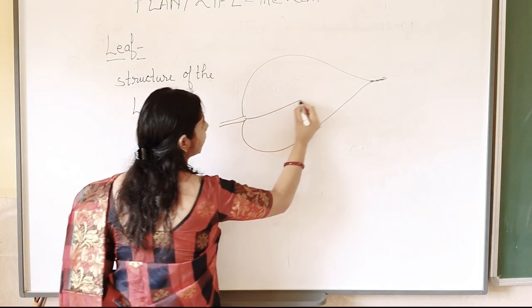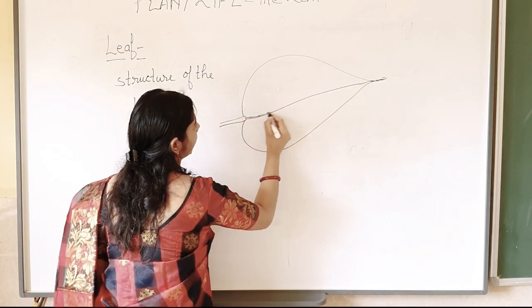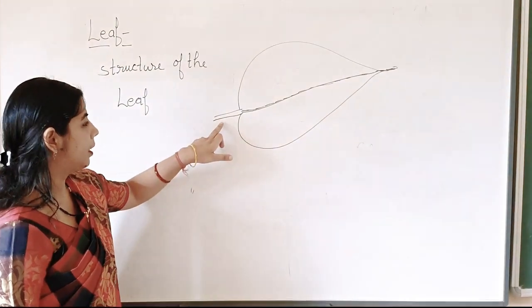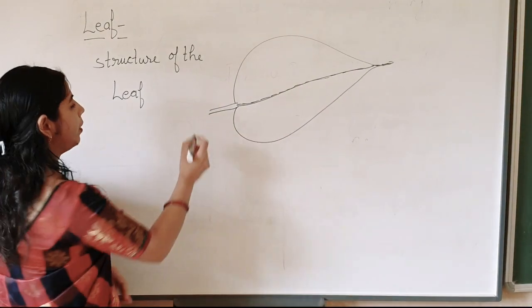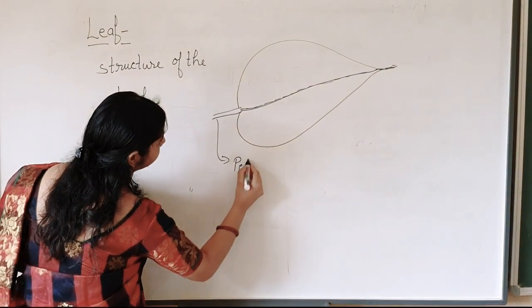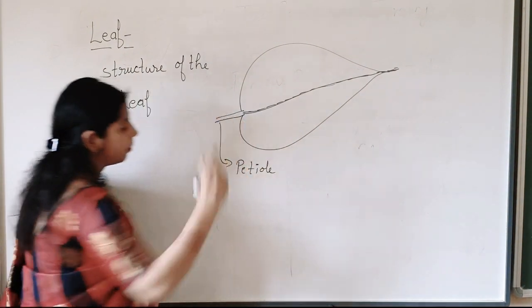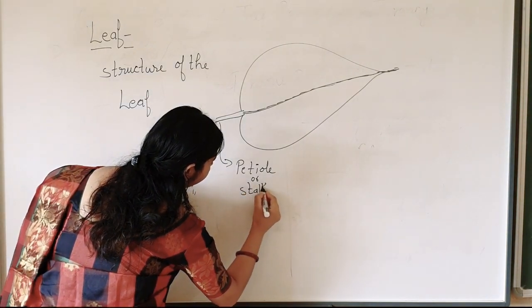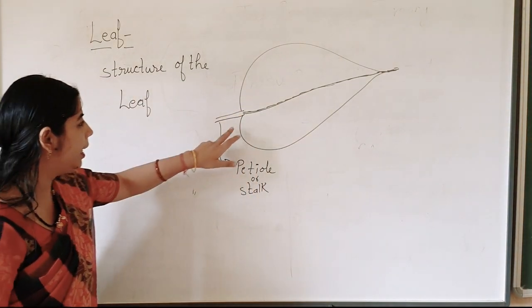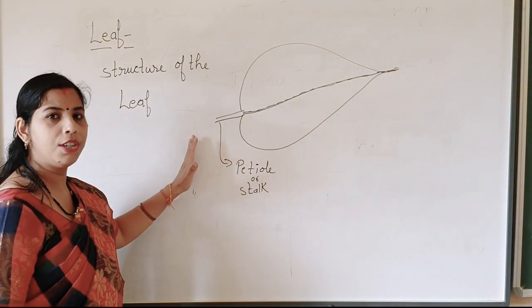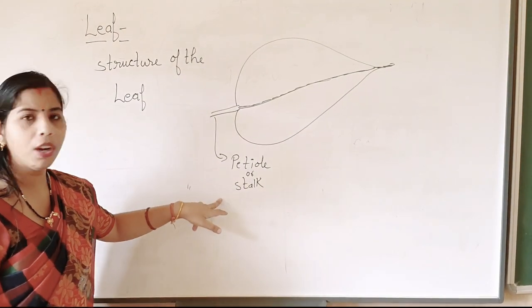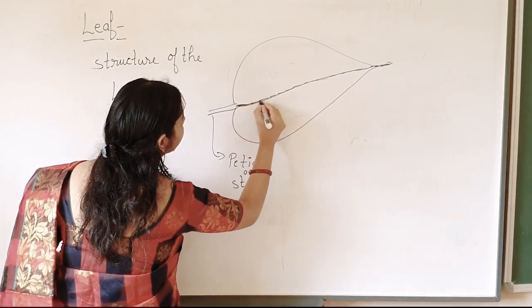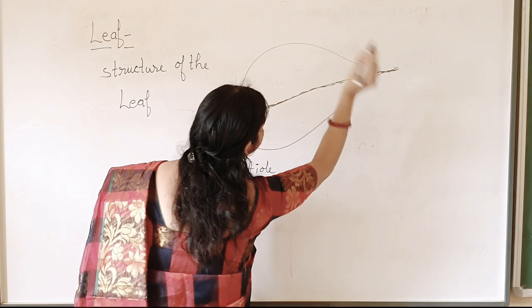So this part of leaf, it is known as the petiole. It is also known as stalk. That means leaf is directly attached to the branch with the help of this petiole or stalk. Now from this petiole or stalk, this thick structure arises.